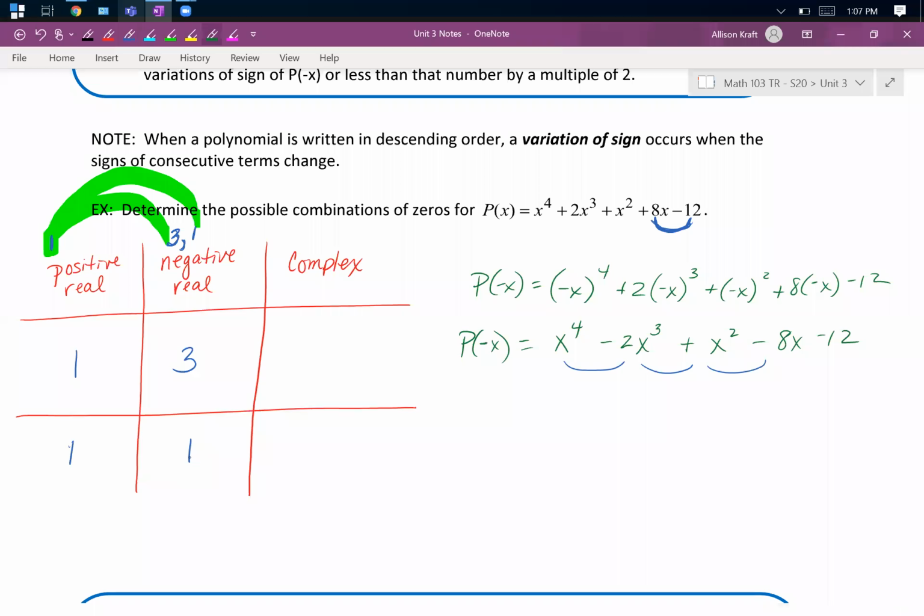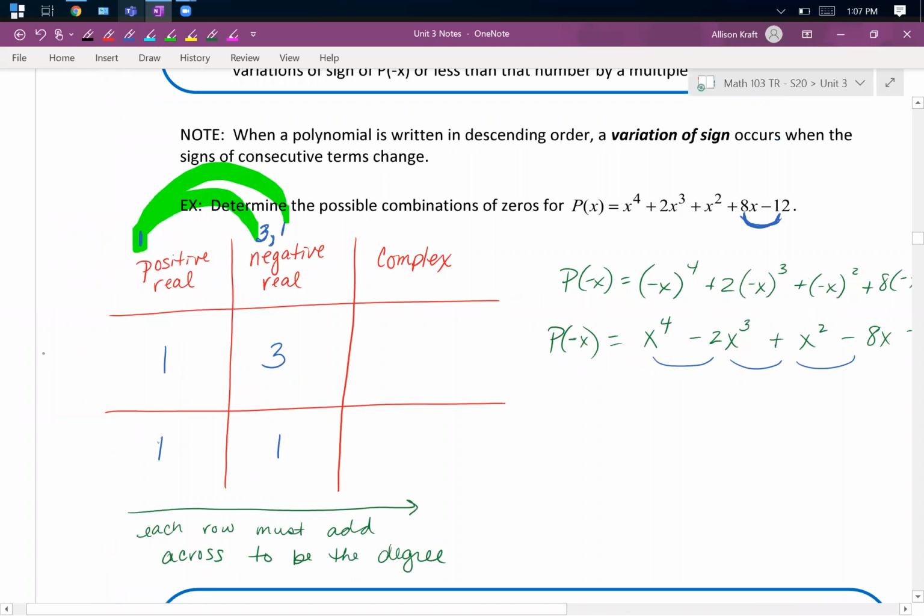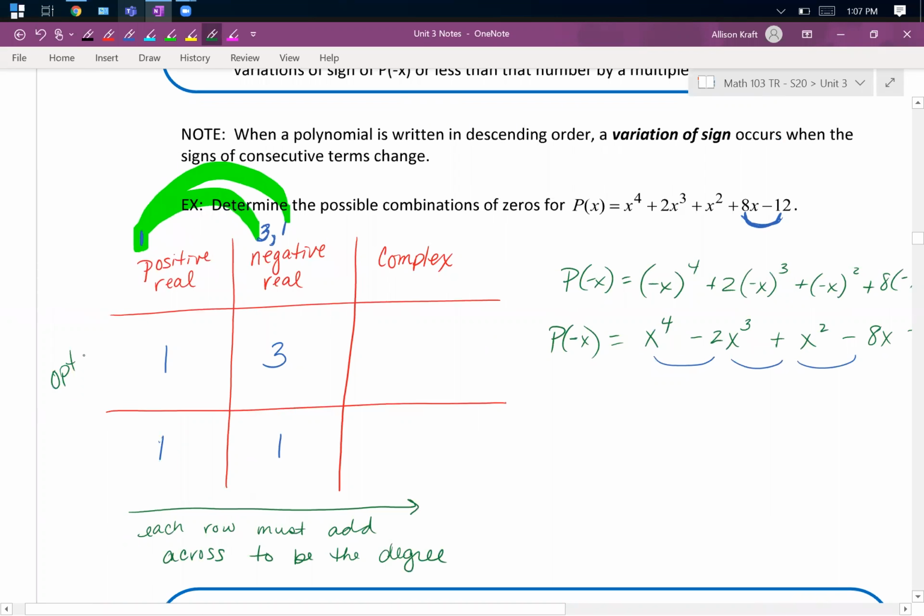So each of these rows must add across to be the degree, and we just figure out what number that would be. This is option 1, option 2. Each row has to add across to be the degree, which is 4.